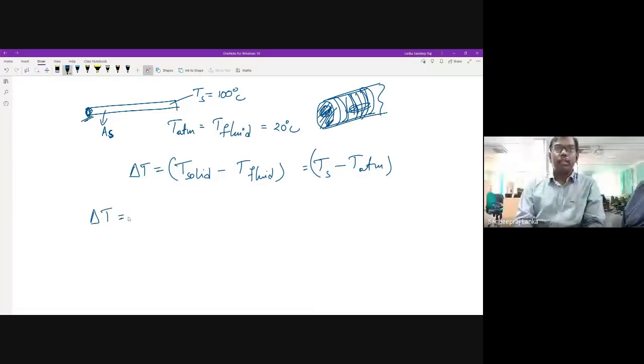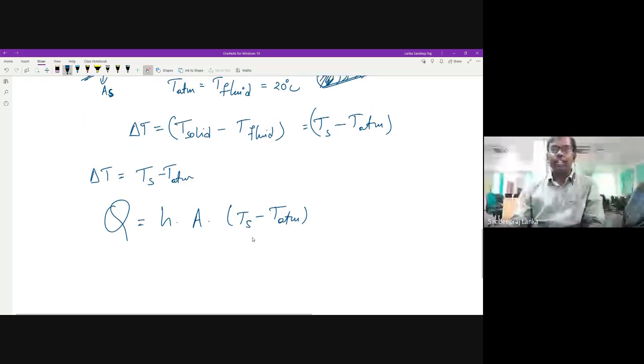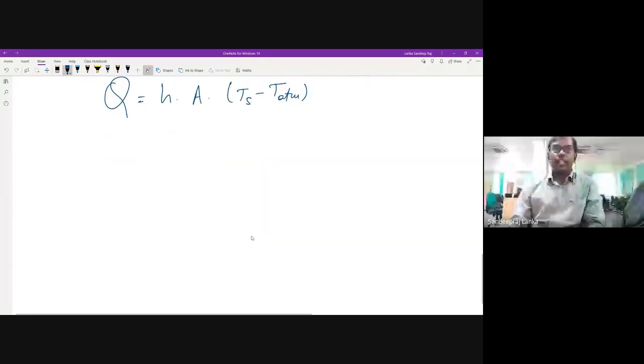The delta T will be equal to Ts minus T atmosphere. So your Q can be written like H into A into Ts minus T atmosphere. This is expressed in the same way, just with the delta T written a bit differently.